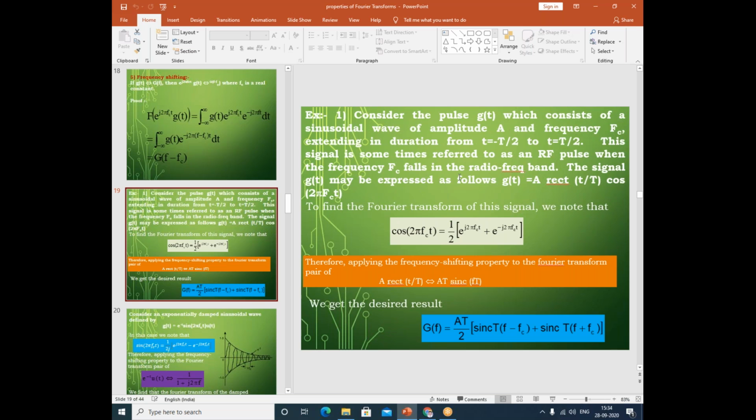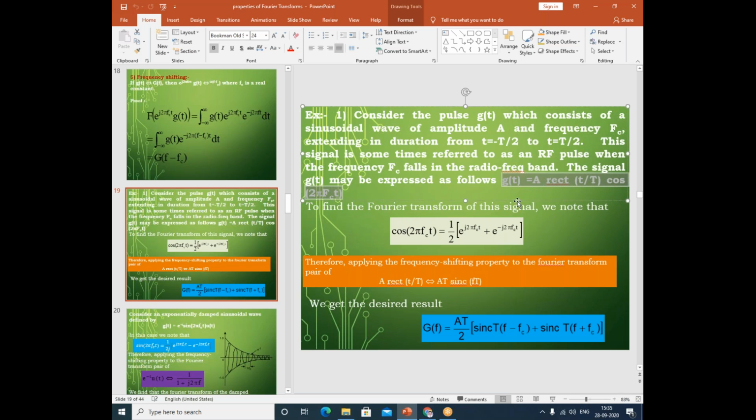When the frequency fc falls in the radio frequency band, the signal g of t may be expressed like this. Please note down this equation: g of t equal to A rect of t by T cos of 2 pi fct. This is an example of an RF pulse.